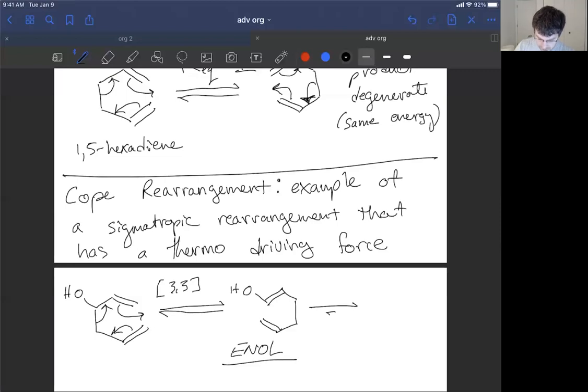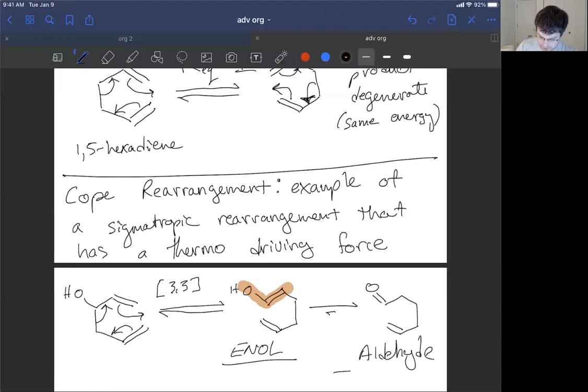In this case, the enol is stretched out across the OH. This is a clever trick to position the OH such that after the sigmatropic rearrangement occurred, we have the formation of an enol, which would spontaneously tautomerize to an aldehyde.